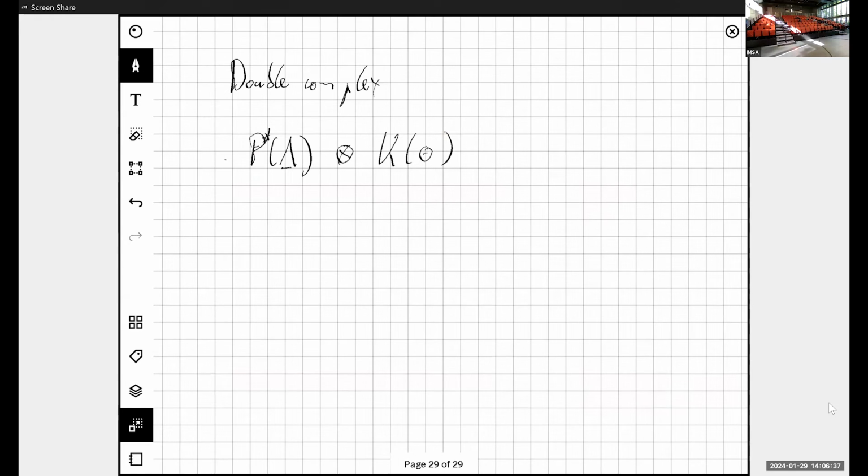Okay, so what does this look like? Well, in one direction, this is just the P delta, all right, so I have K delta here, and I go to the star of the vertex, K of the star of the vertex, and so on and so forth. And if I go into the other direction, in this direction, I have the Koszul complex.